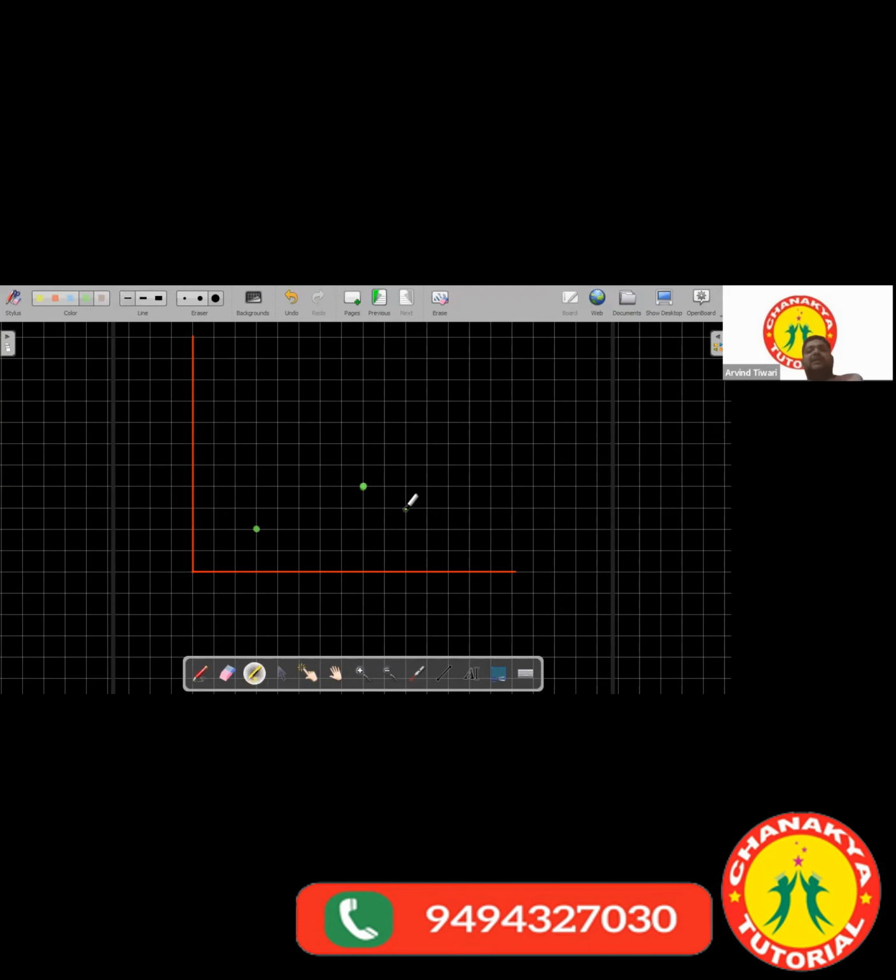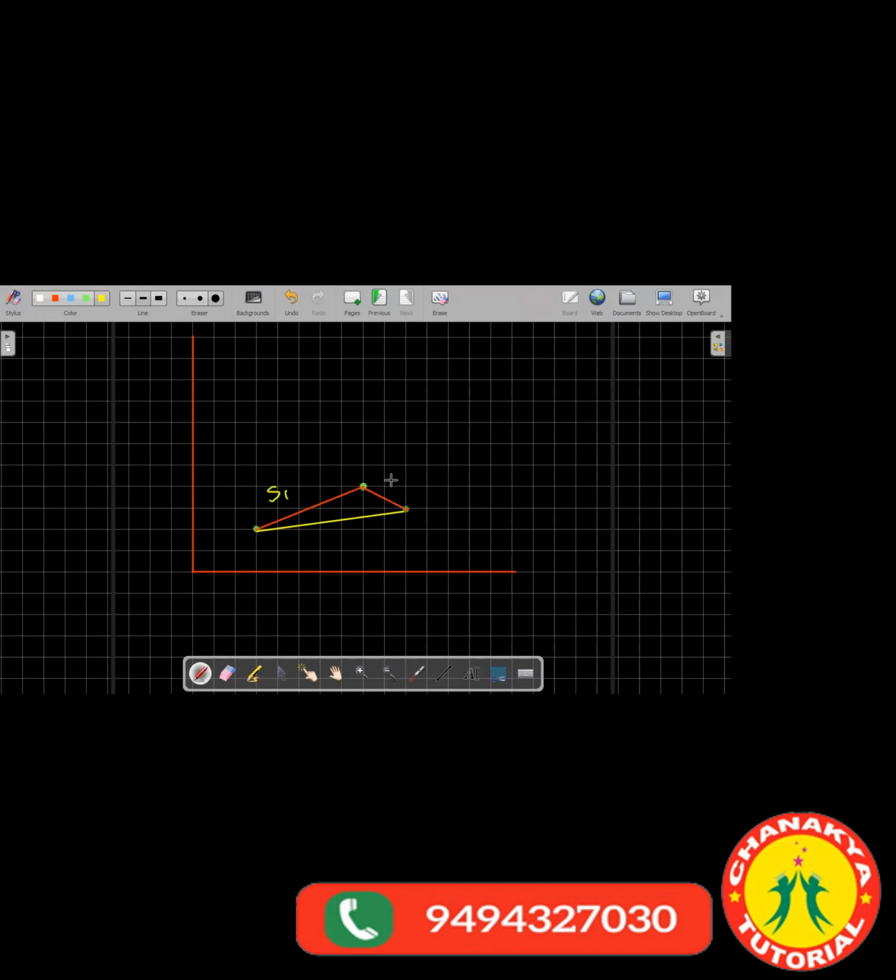What should be the net displacement? This is displacement 1, this is displacement 2, and if you join them, this is your final displacement, displacement 3.